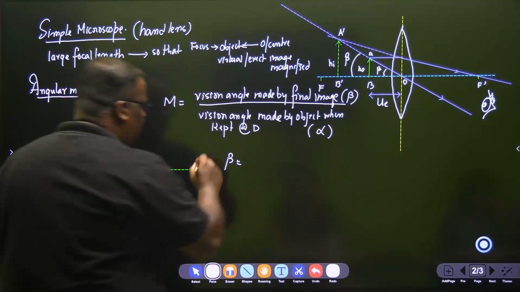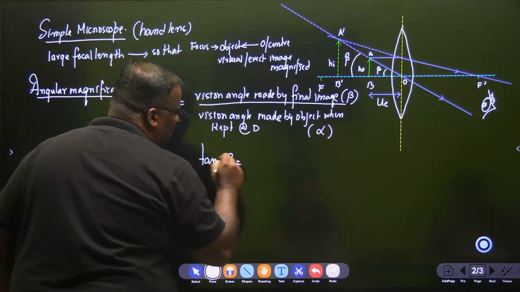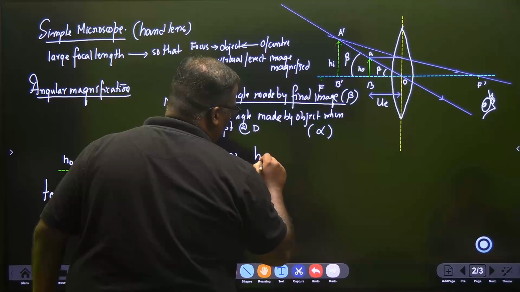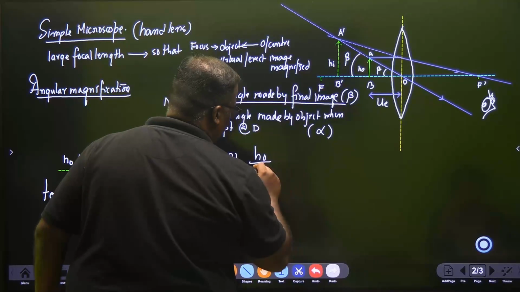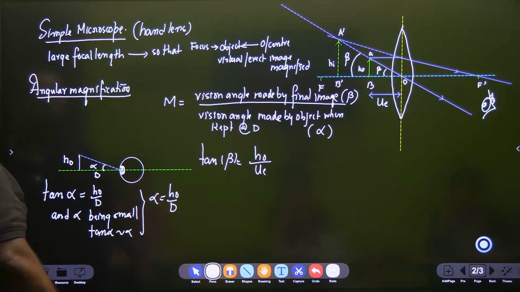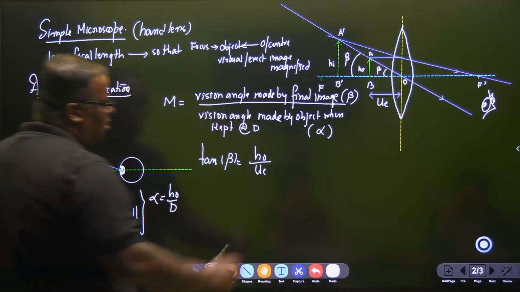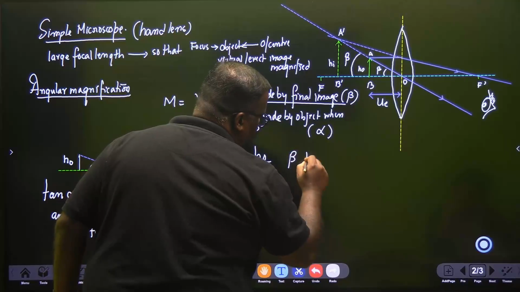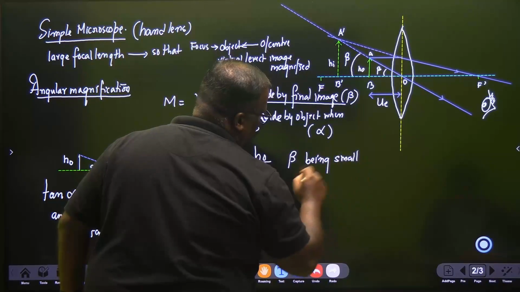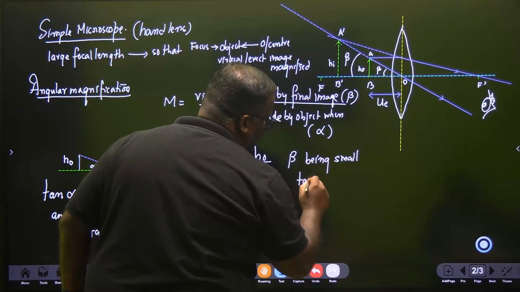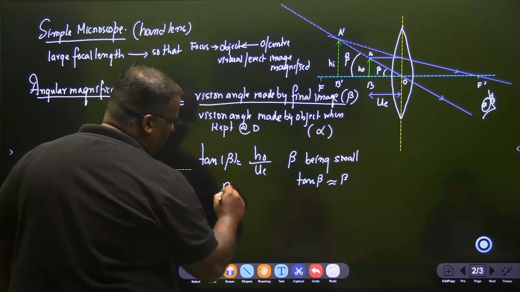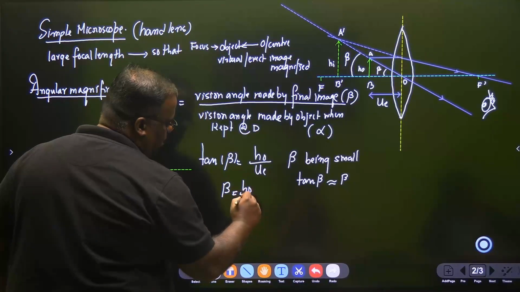So tan of beta can be expressed as what? Now tell me. HO upon UE. Tan of beta is equal to HO upon UE. That means beta being small, because it's a hand lens, everything will be very small. Beta being small, tan beta can be approximated to beta.